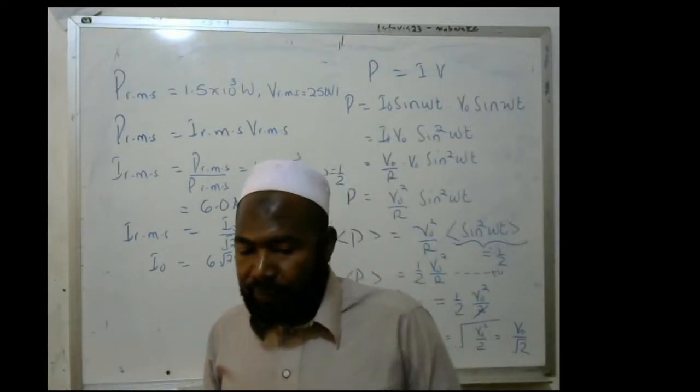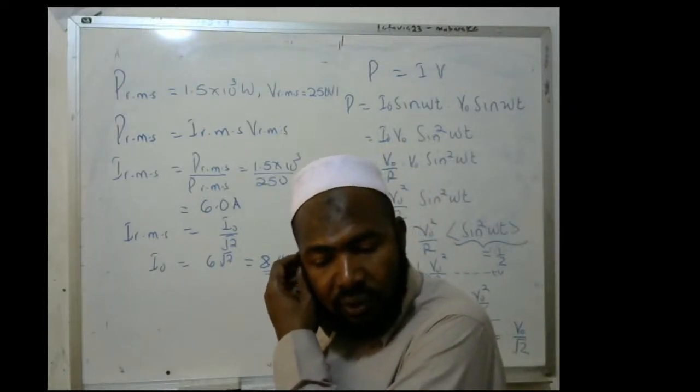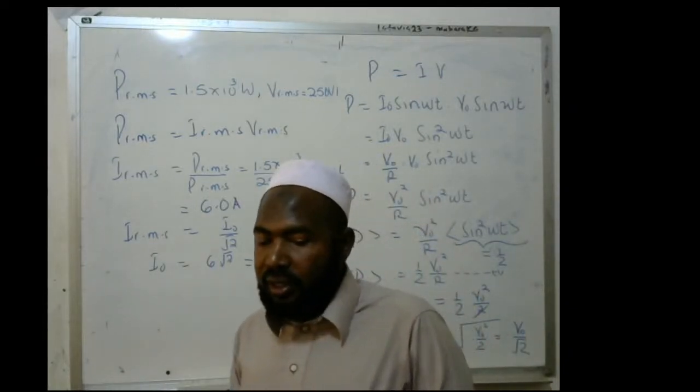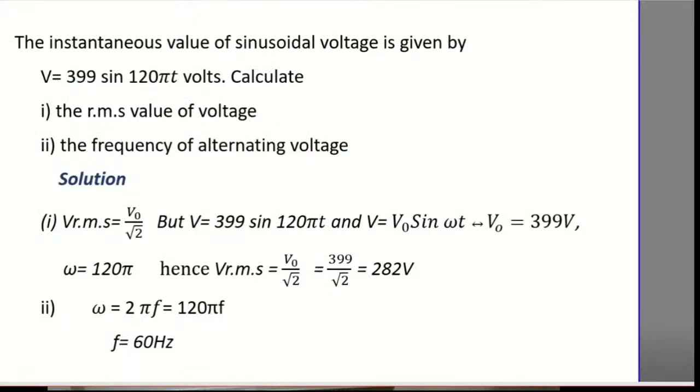Number 3, we are given the instantaneous value of a sinusoidal alternating voltage as V equal to 399 sine 120 pi t, and V is given by V naught sine omega t.